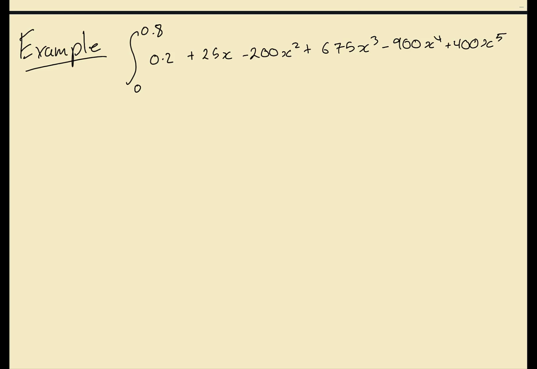We need to use the trapezoidal rule to find the integral from 0 to 0.8 of the function 0.2 plus 25x minus 200x squared plus 675x cubed minus 900x to the 4 plus 400x to the 5. That's the last term, and this is dx. Using two segments.